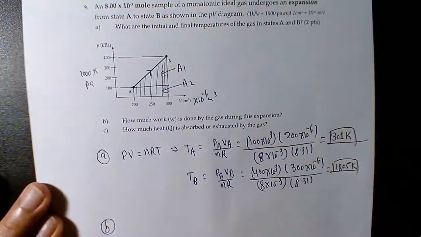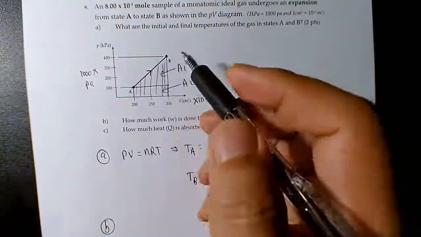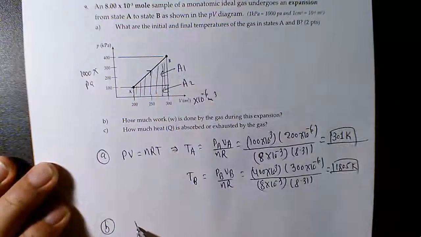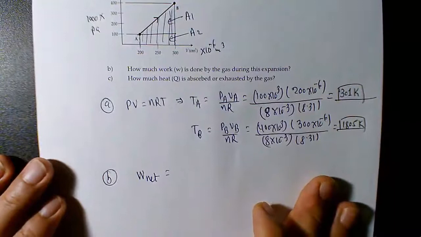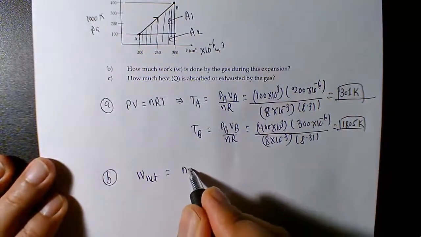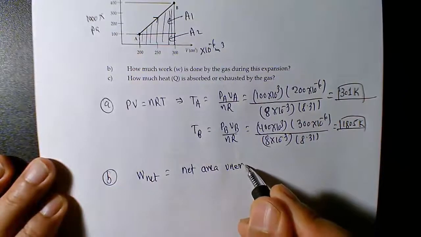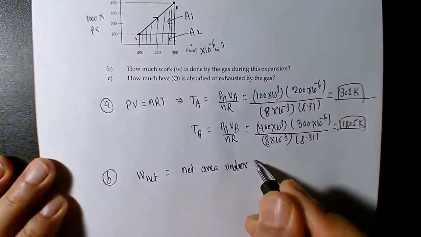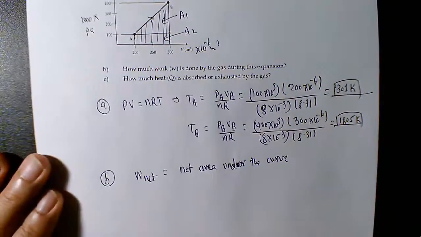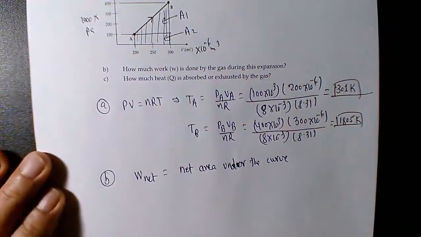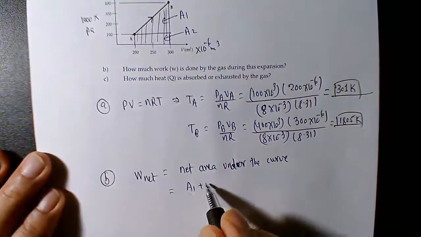Since this is a straight line triangle, you can just use the area. So the net work done in any thermodynamic process is just the net area under the curve. If the curve is a hyperbola, then you have to use the equations for isothermal change. Net area is A1 plus A2 as shown in the diagram.